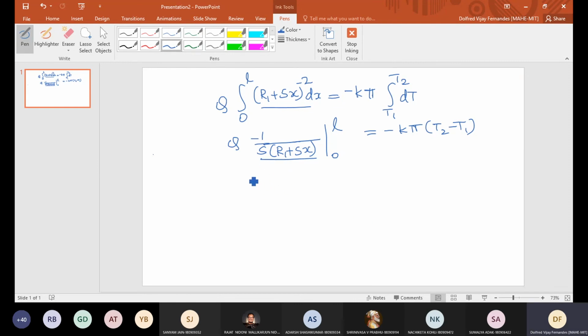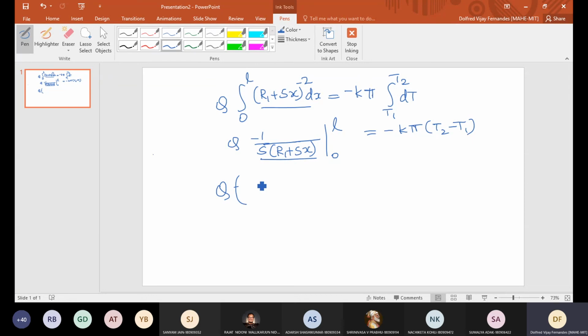Yeah, substitute the limits. You have upper limit L. So you can write Q. Since it's a minus sign here, I'll substitute the lower limit first.